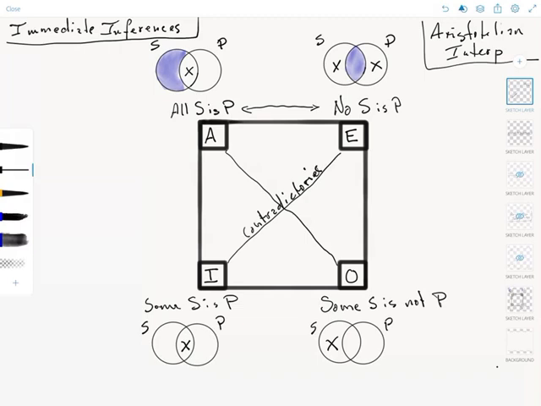If all S is P is true, then there's shading here in the region of S outside of P, and there's also an X in the region overlapping S and P. If you compare that with the diagram for E, the A requires shading where the E has an X, and the A has an X where the E requires shading. So what that means is that if all S is P is true, the corresponding E, no S is P, cannot be true. All right? Okay, so far so good.